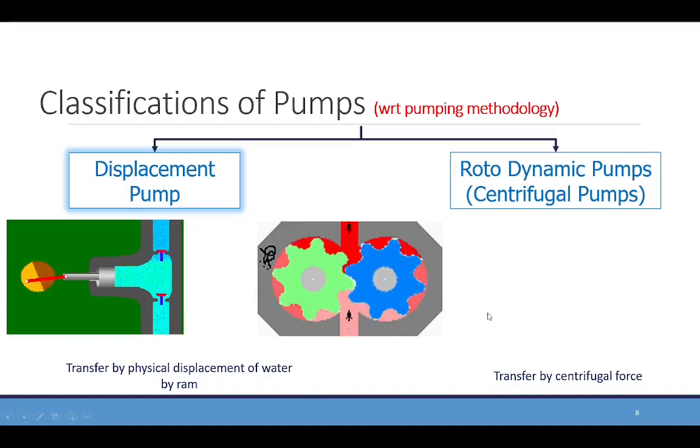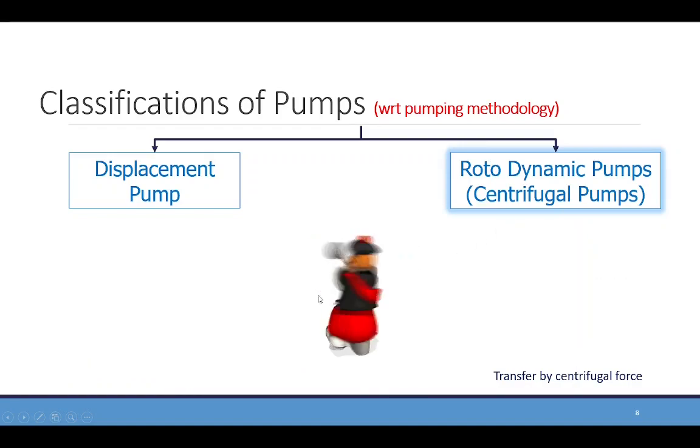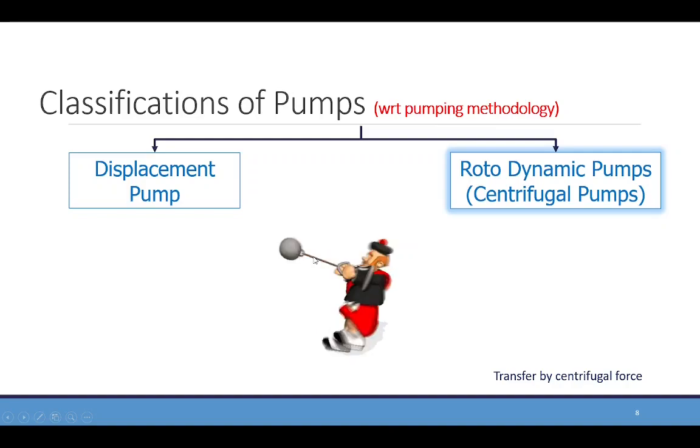There is another type of pump which is called a rotodynamic pump. The methodology of the rotodynamic pump is the action of the centrifugal force. Imagine that we have a child or a person who got a rope and attached a rock at the end of the rope, and started revolving the rope.